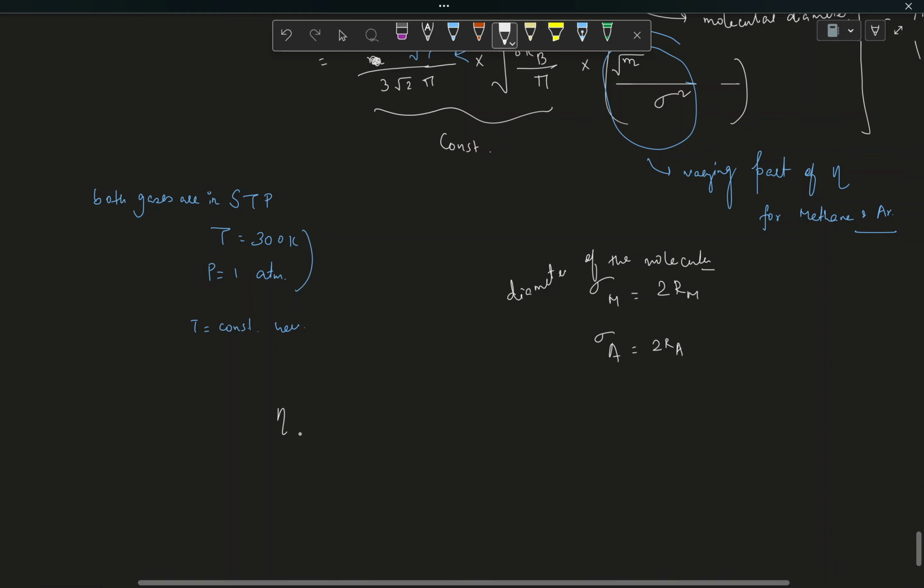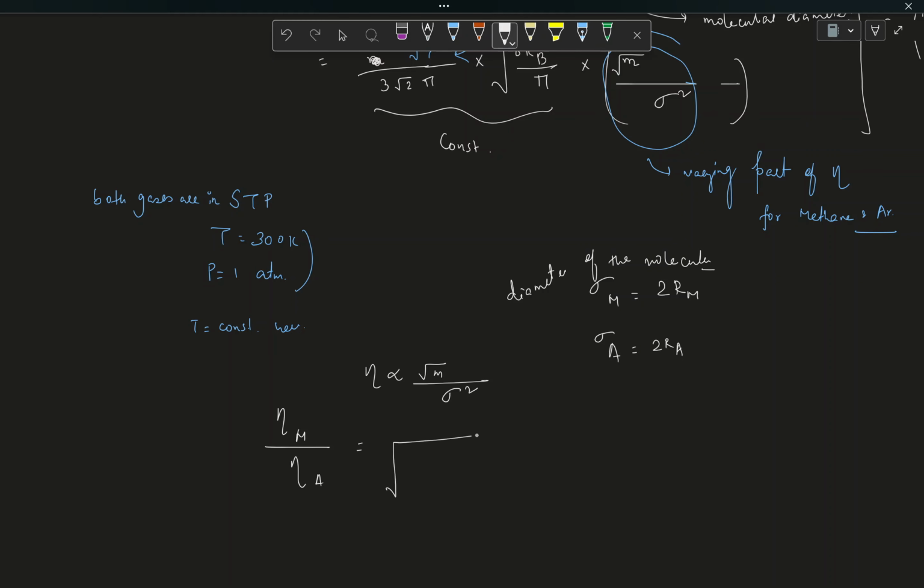So your eta of methane divided by eta of argon is equal to, first of all, eta is proportional to root over m by sigma squared. If that is the case, then eta m by eta a will simply be root over of m by ma, into sigma a by sigma m whole squared.